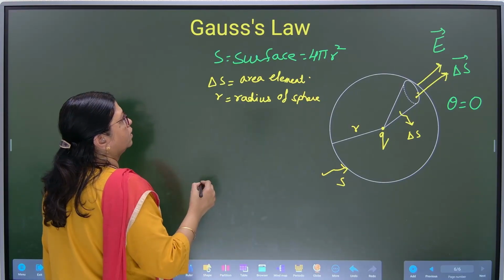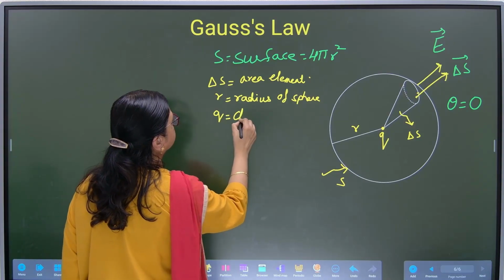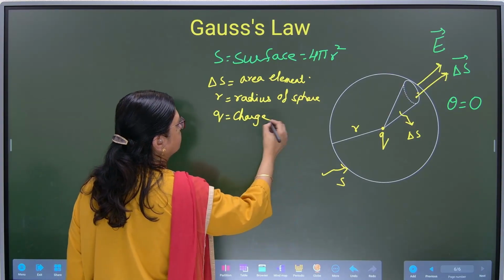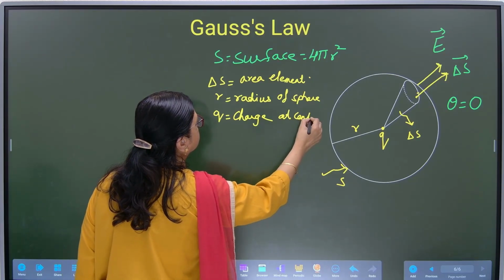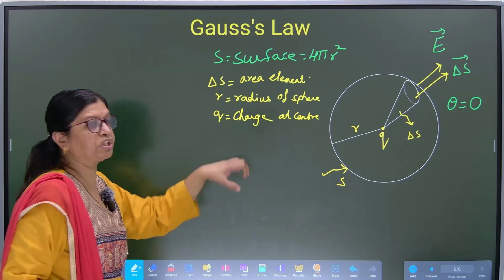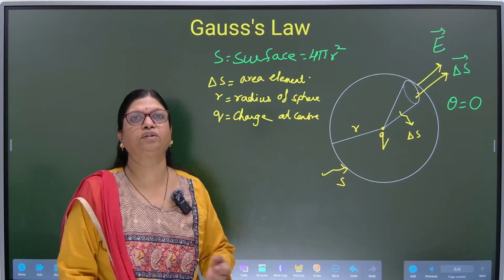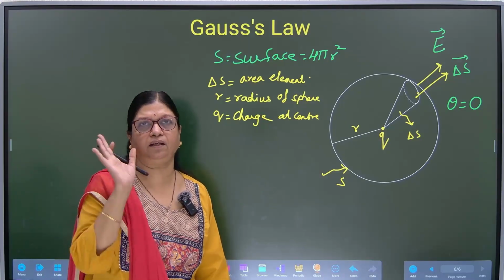Q is the charge placed at the center. So this description you have to write once you draw the diagram. That is the second thing you have to do in any derivation.